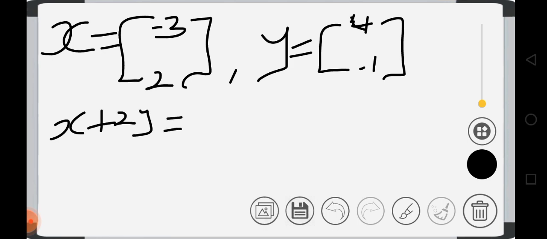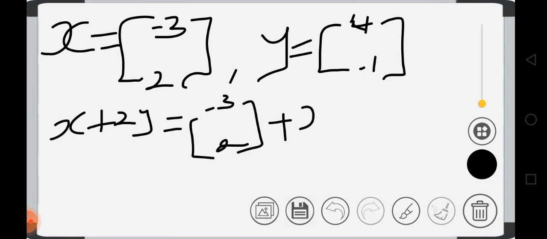What will be x plus 2y? Okay, let me just write it this way. It will be this, (minus 3, 2), plus 2 times, because it's 2y, (4, minus 1).